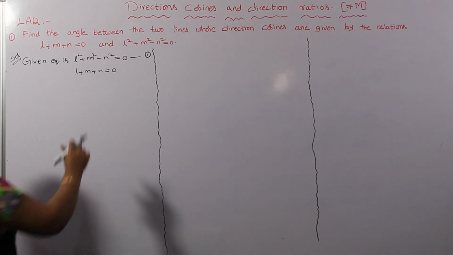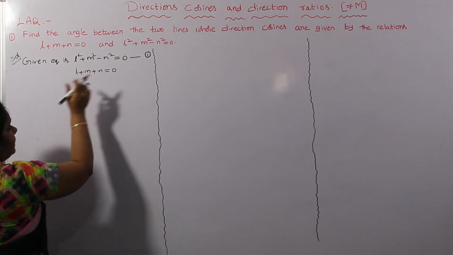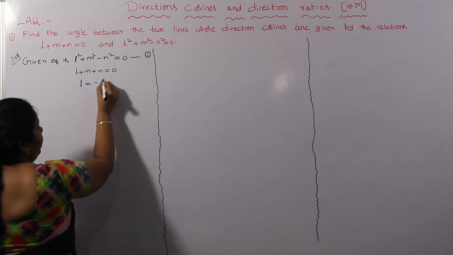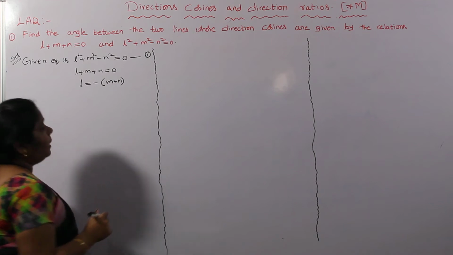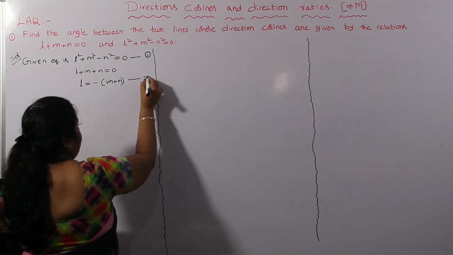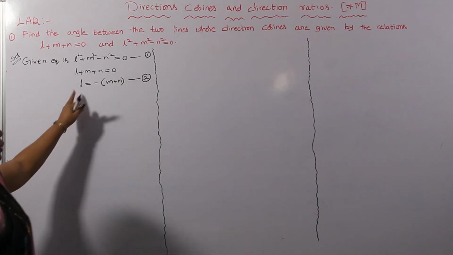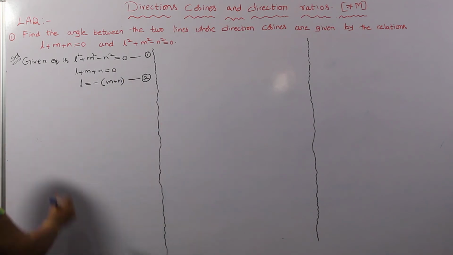Substitution method means from the equation l plus m plus n equal to 0, we take l on one side. Plus of m plus n taken to the other side becomes minus of m plus n, so l is equal to minus of m plus n. This equation is taken as equation 2.